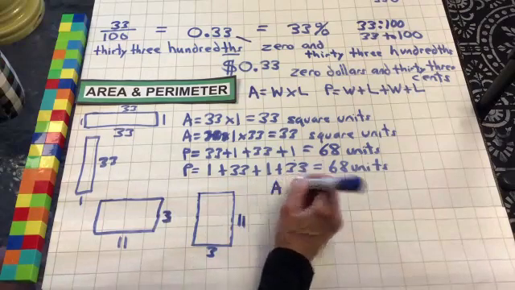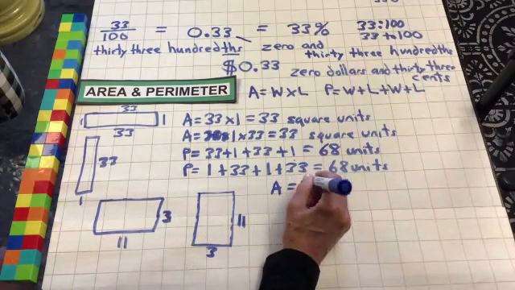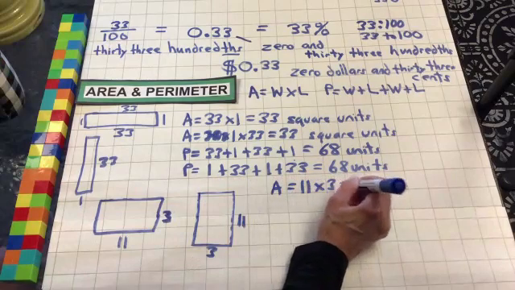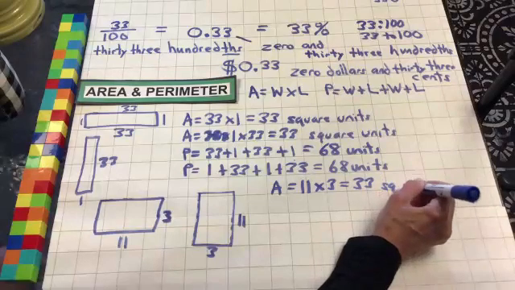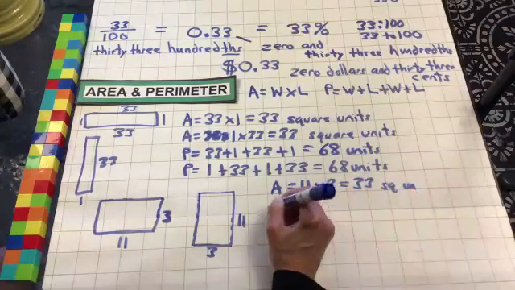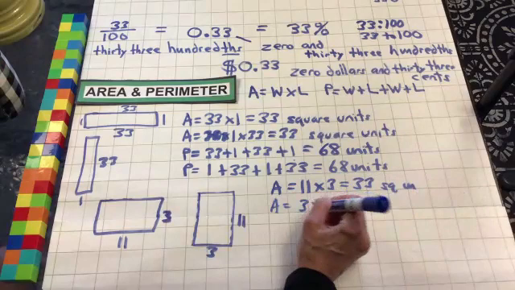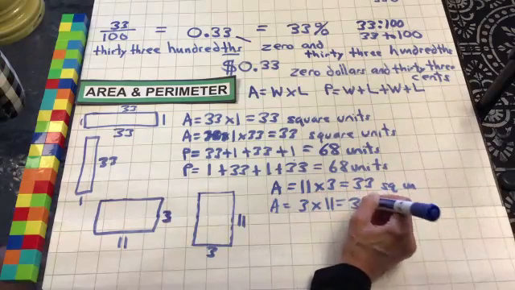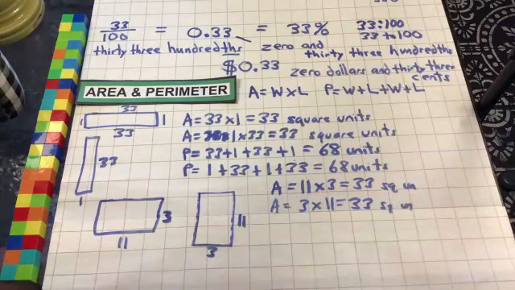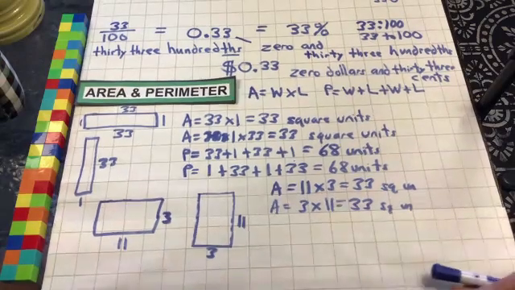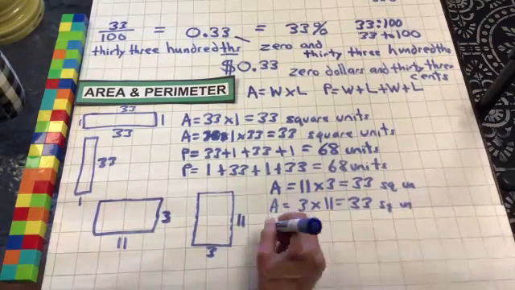So let's write area equals 11 times 3, which equals 33 square units. Or it can be 3 by 11, which is the same, 33 square units. So we're just playing. We're trying to do as many ways we can write this number 33 out.